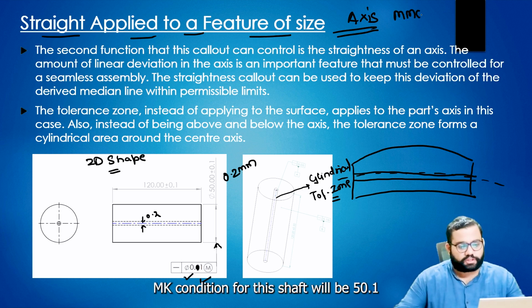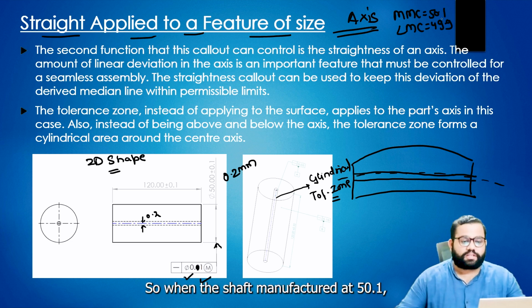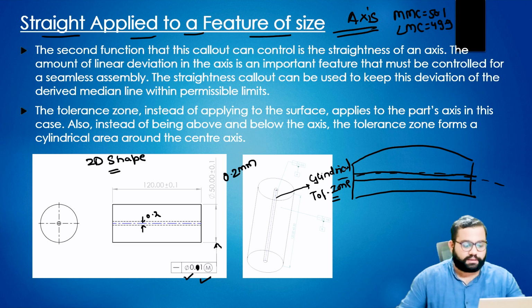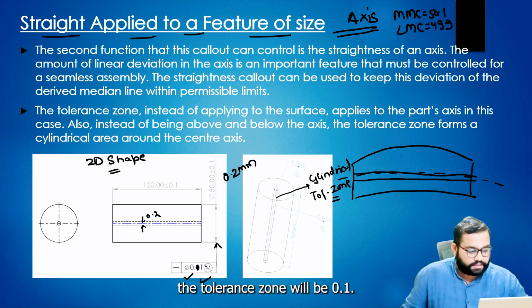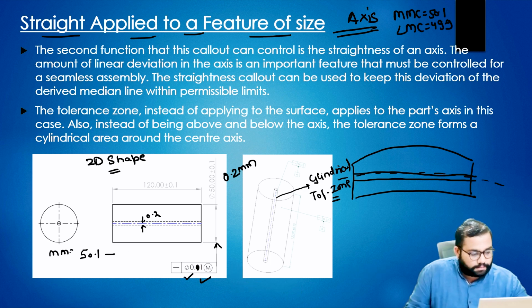MMC condition for this shaft will be 50.1 and LMC condition will be 49.9. When the shaft is manufactured at 50.1, which is MMC, the tolerance zone will be 0.1.